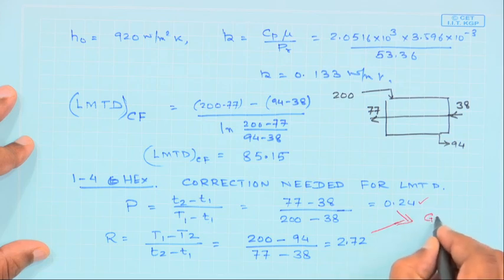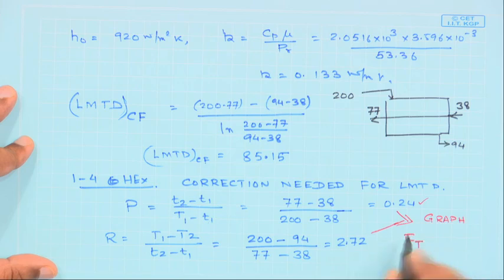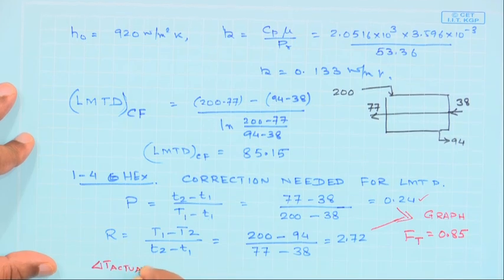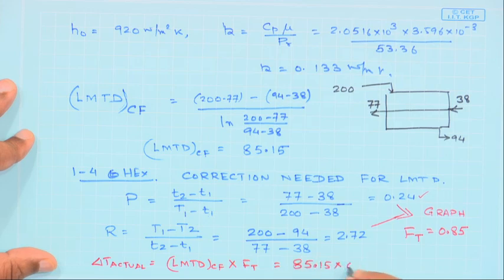Once you use these two and use the graph, you would see that the correction factor for the temperature would be equal to 0.85. So, in that case, the delta T actual would be the LMTD based on counter flow multiplied by the correction factor, which is 85.15 into 0.85, which is 72.4 degree centigrade.